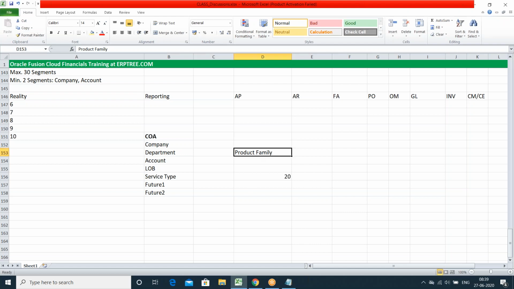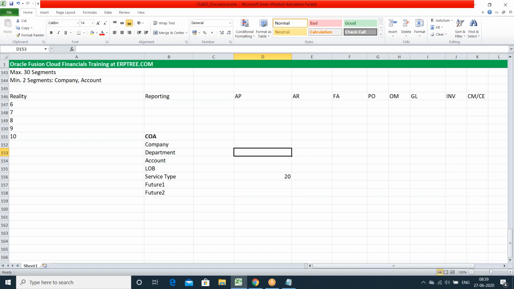Say initially you've chosen 7 segments. When the implementation happened, they chose service type as one of the segments, but in future their business changed and service type is no longer being used.